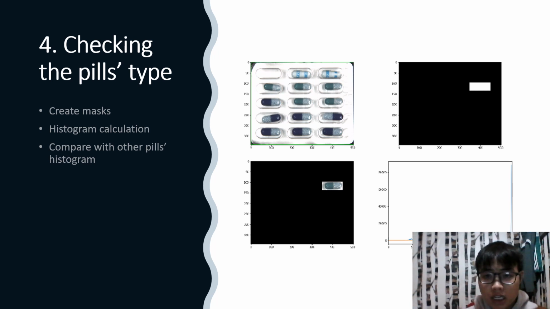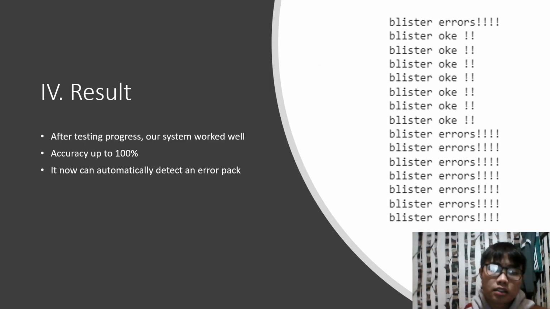In the picture here, we calculate the mask, and we locate the image as the field, and we calculate only this field with histogram, and we compare with the other fields in the pack. So very easy.